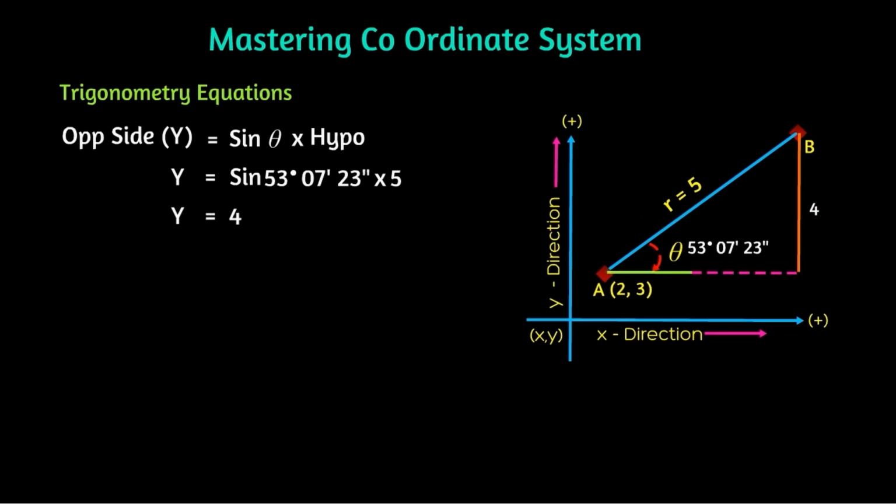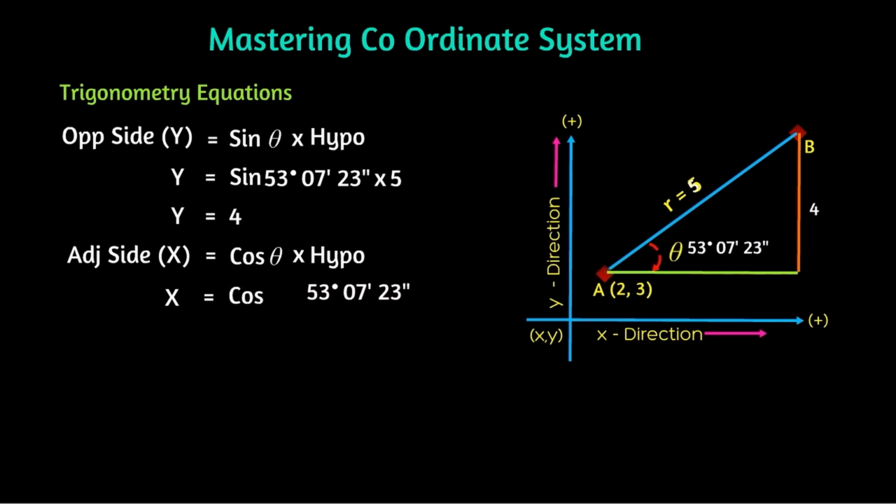Similarly, to find the adjacent side value, that is x value, let us use the cosine. Cos theta equals adjacent side by hypotenuse. So, the adjacent side value, that is x, equals cos 53 degrees 7 minutes 23 seconds times 5.